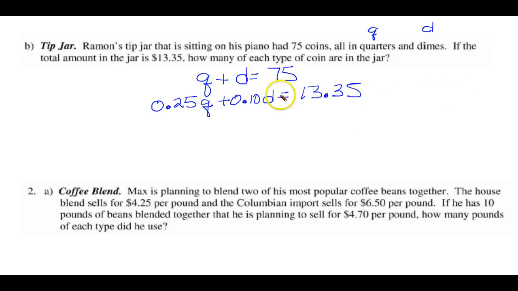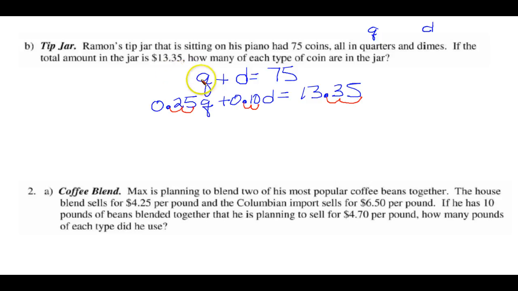So there are our two equations, very similar to the previous one. How do we solve it? Well, get rid of our decimals by multiplying each term by 100. Just moving it over two places.